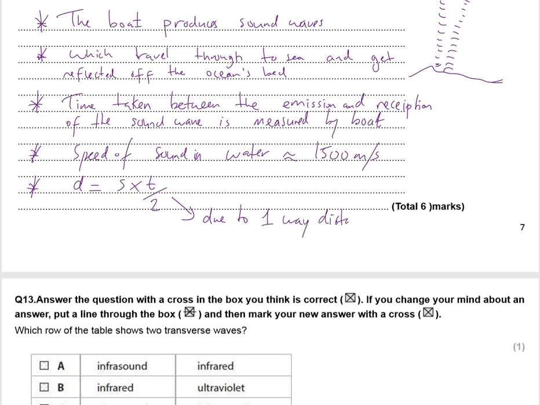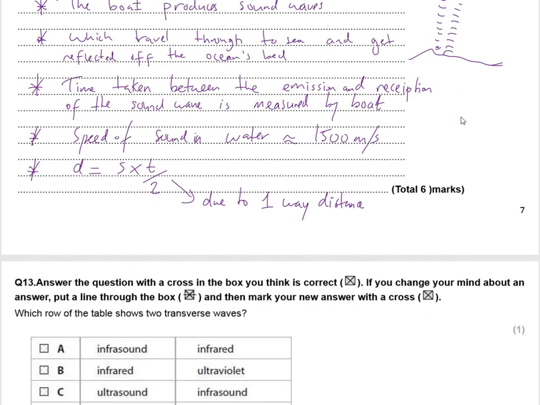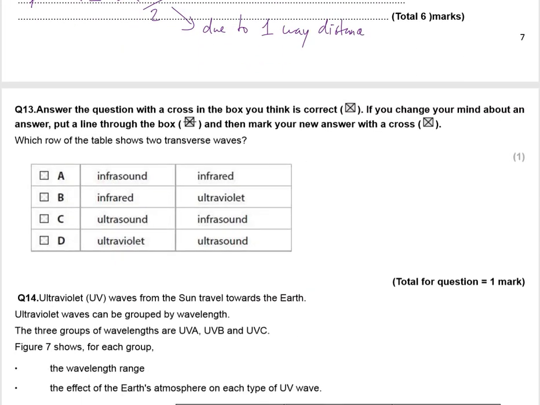We want to know one way because the wave is going twice, isn't it? It goes down and back. That's twice. We just need to know one way, how far it is. That's all we want to know. Hopefully this makes sense. Otherwise, let me know if this doesn't make sense.